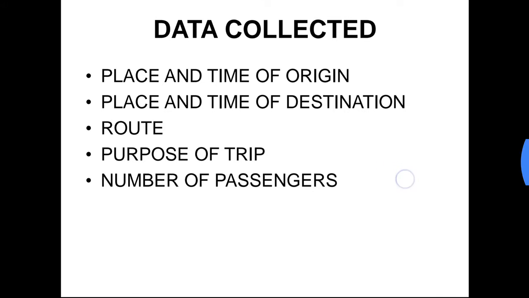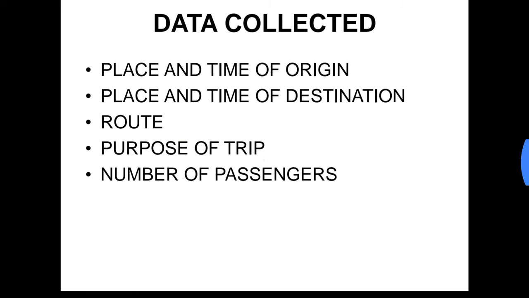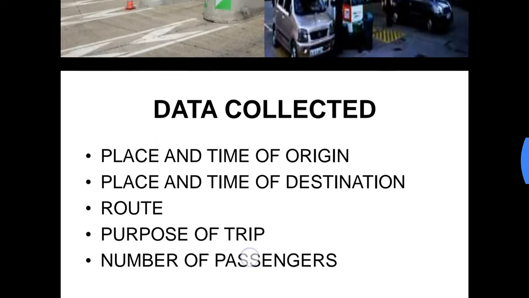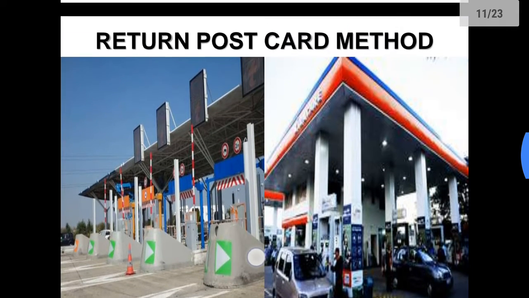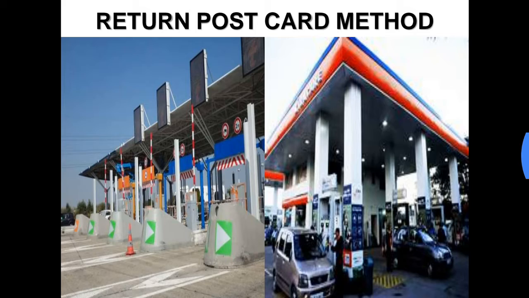Now what is the data that is collected here? The place and time of origin, place and time of destination, the route that is being used, purpose of the trip, and the number of passengers. Now the return postcard method is a method in which the drivers themselves are required to fill in their travel data, and then post this data to the traffic department or the survey department.